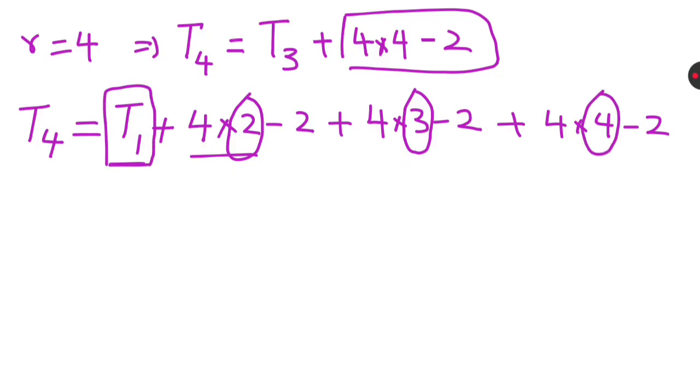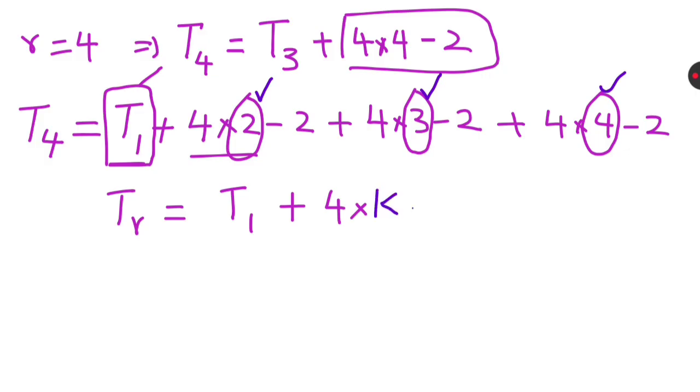If you want to write the general term, how can we write this? tr equal to, always we have a starting t1, so let's write t1 plus the sum of 4k minus 2, and this k starts from 2. So that's why you have to write summation k equal to 2 to r. So this is the general term for this recurrence relation, isn't it? The given condition we converted into a usable form.